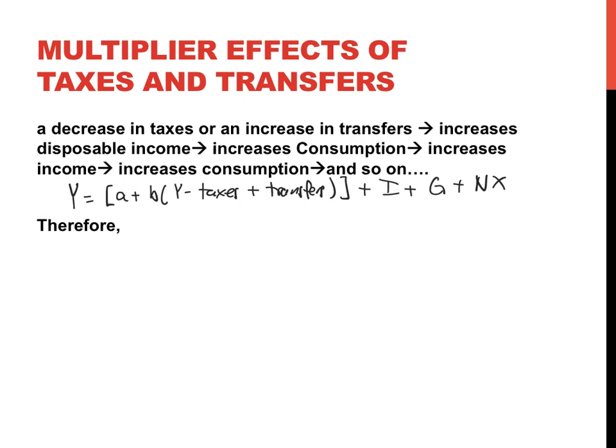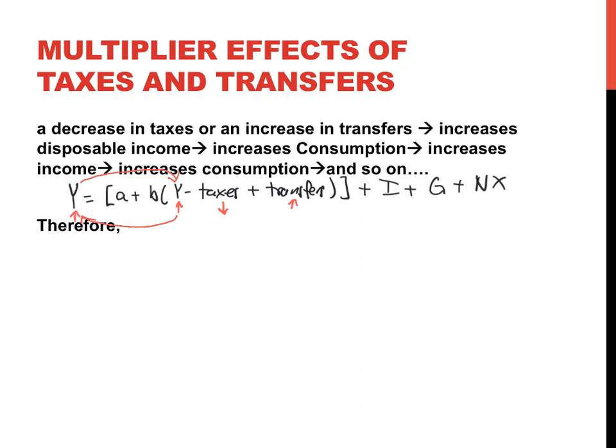So we have a similar multiplier effect with taxes and transfers. So a decrease in taxes or an increase in transfers, those both increase disposable income, which increases consumption and increases income, which increases consumption, which once again increases income, which increases consumption, and so on and so forth.